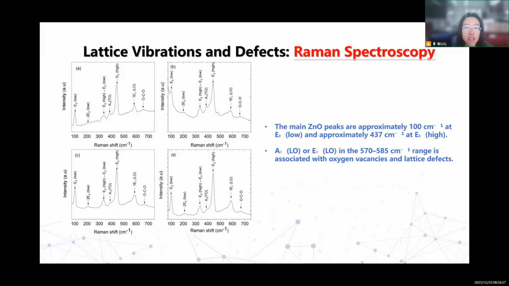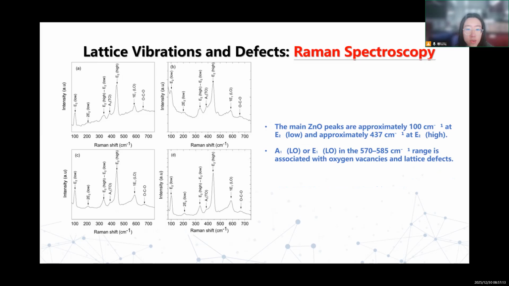And then I will talk about the lattice vibrations and defects, Raman spectroscopy. Raman spectroscopy is used for detecting lattice vibrations and crystal quality. Pictures A, B, C, D all show the same thing, that the main zinc oxide peaks are approximately 100 centimeters inverse for E2 low and approximately 437 centimeters inverse for E2 high.